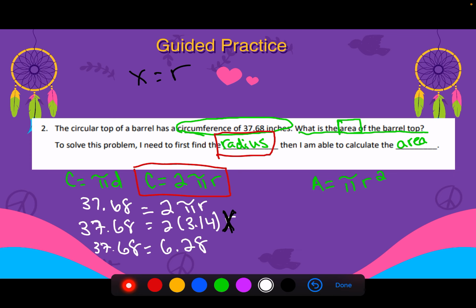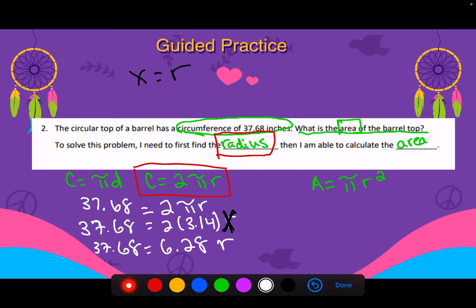Okay, so 6.28x, right? Or r, but I know some of y'all get confused when it's something other than r. So I'm going to keep using r, I just put the x there so you can see that it was for radius. Okay, so now we're going to solve for r. So we have to get r by itself.